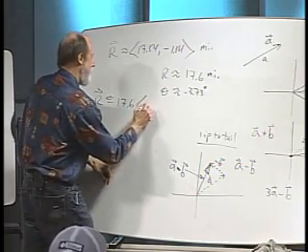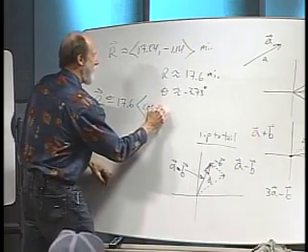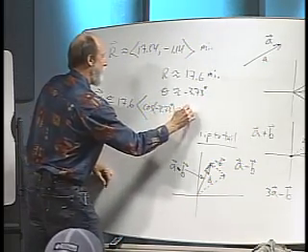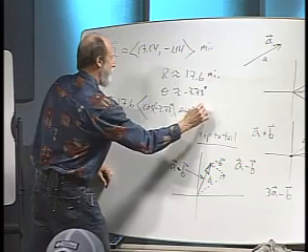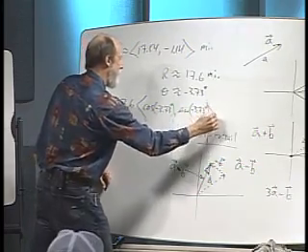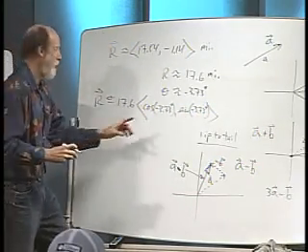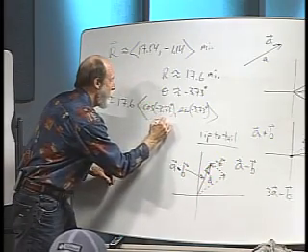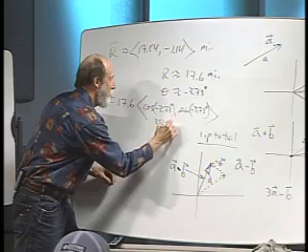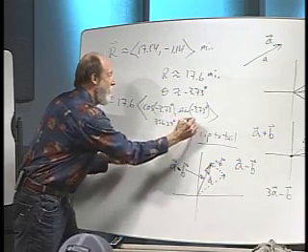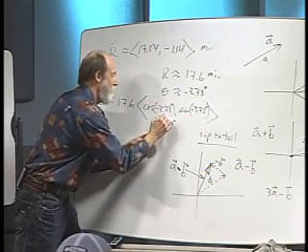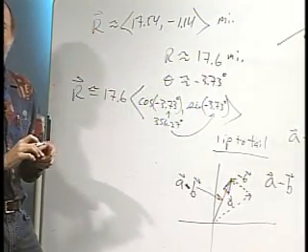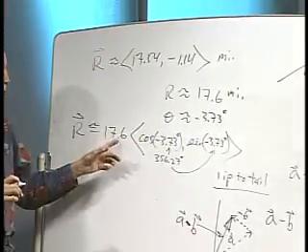So all I need is cosine of negative 3.73 degrees, comma, sine of negative 3.73 degrees. Or I could have used 356.27 degrees there, or there. This is the same as that.